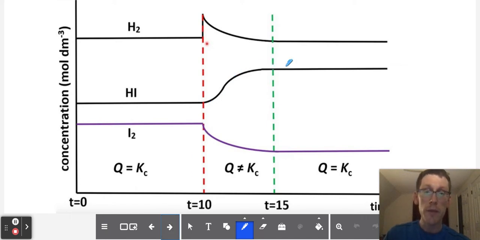And then at some point, they reestablish equilibrium, but note that the exact concentrations are going to be somewhat different than they were initially. Note that Q is back to being equal to Kc. That's because we're back to equilibrium. But the concentrations at equilibrium are somewhat different now that the equilibrium that previously existed has been disturbed.